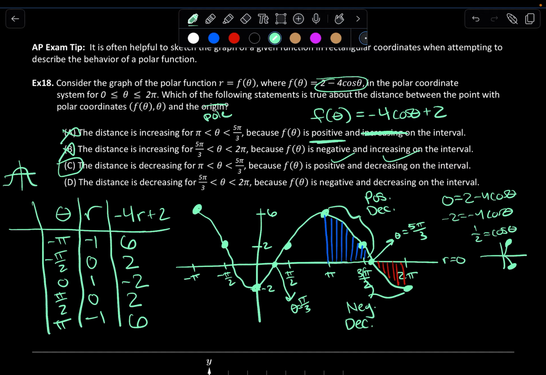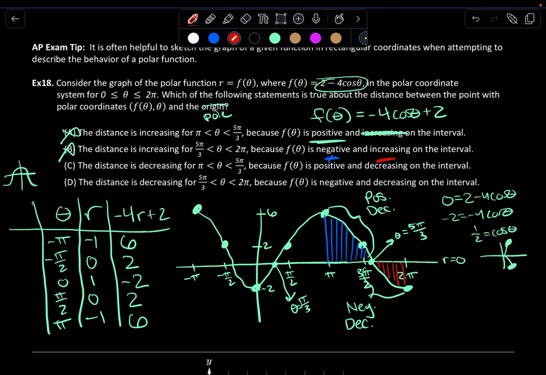Well, shoot, this is true as well. All right, so the second part for C and D are true, which is why I'm glad I checked. Now let's look at the first part. Part C says the distance is decreasing from pi to 5 pi over 3. So if I look at this, this says positive and decreasing.